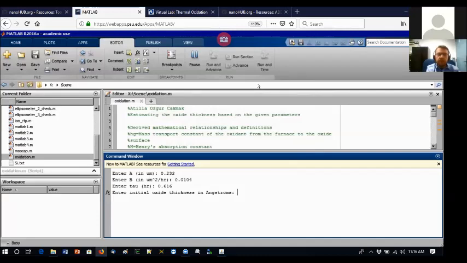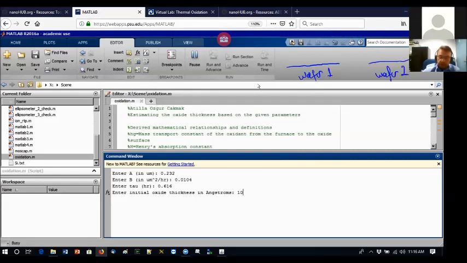What we will do is enter the initial oxide thickness. The first initial oxide thickness, I will say that we start with only 1 nanometer. What we're trying to compare is the two cases. Let me also put it here. We're going to try to understand the oxidation rate of two wafers, wafer 1 and wafer 2.